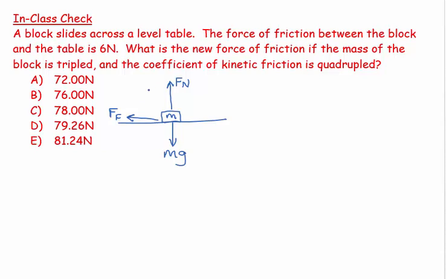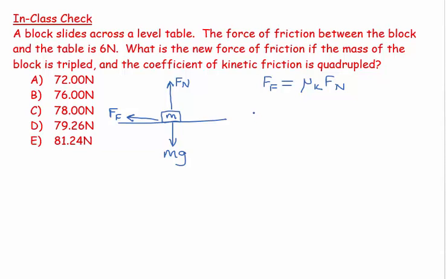And I say to myself, under the circumstances where I am moving, how does the frictional force relate to the normal force? And I say, well, the governing relationship is Ff equals mu k times Fn. And I happen to know under the original set of conditions that Ff equals 6.